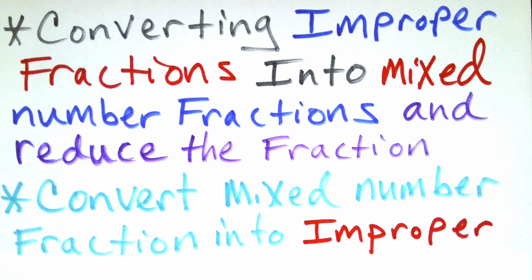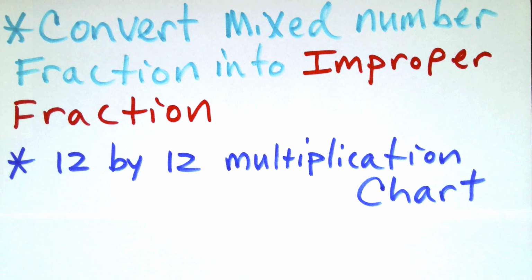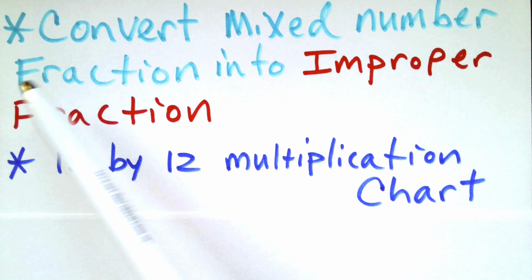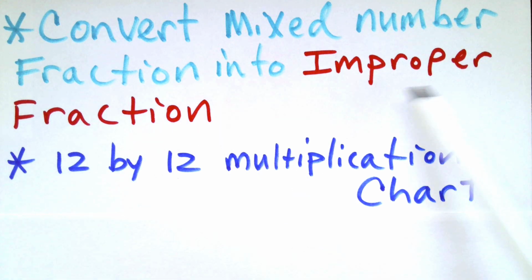Then you also want to look for worksheets with answers on converting improper fractions into mixed number fractions, and reduce the fraction. Convert mixed number fractions into improper fractions. Okay, I want to say that again. Convert mixed number fraction into an improper fraction, and practice your 12 by 12 multiplication chart. That will give you all the products.